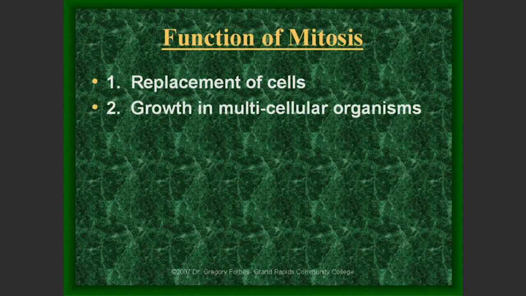Also, growth in multicellular organisms. Multicellular organisms, so we're talking now beyond the bacterium, beyond the protozoan, begin their life as a fertilized cell called a zygote, which divides into 2 cells, then into 4, 8, 16, 32, 64, 128, 256, and so on, until you get to, for instance, the adult human, which is about 70 trillion cells.